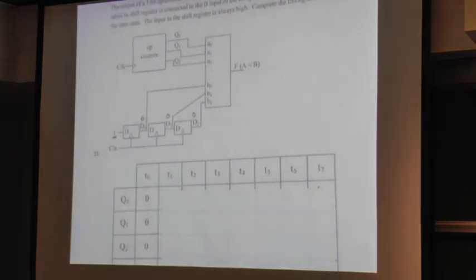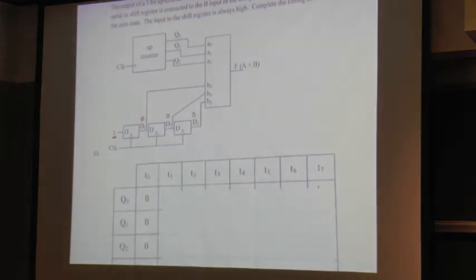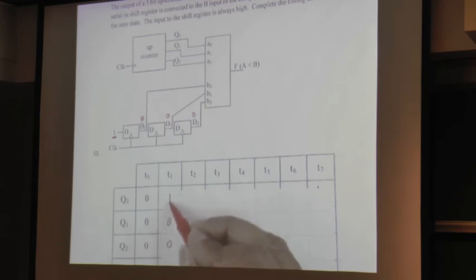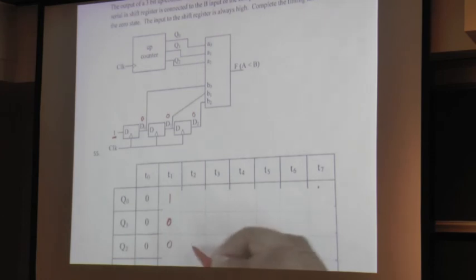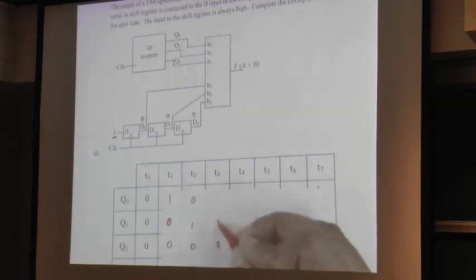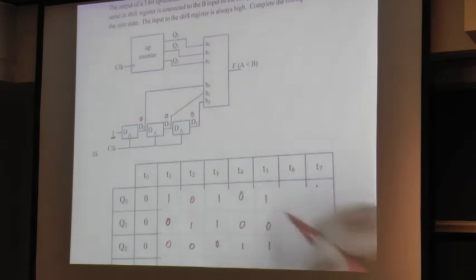So we can actually write down the entire behavior of this counter going forward. The first number it counts to is 1. And notice that the Qs are arranged with the most significant bit at the bottom and the least significant bit at the top. So this is 1, then 2, then 3, 4, 5, 6, and 7.